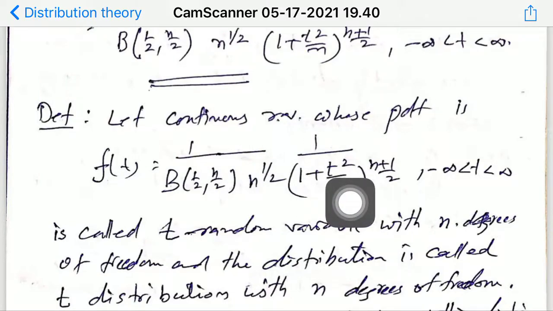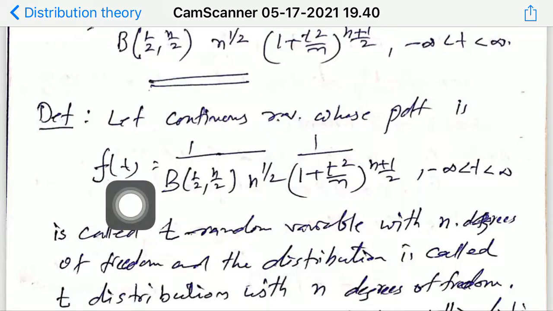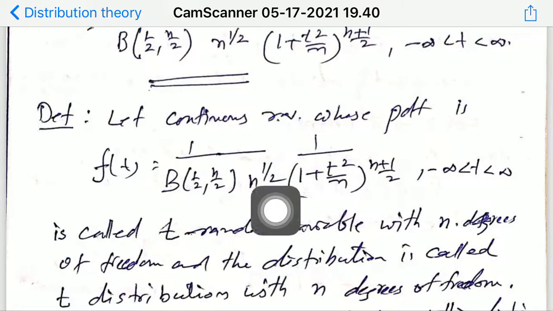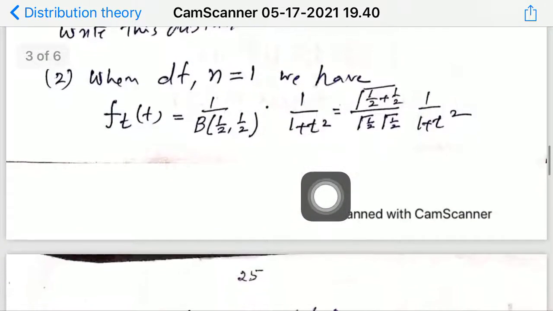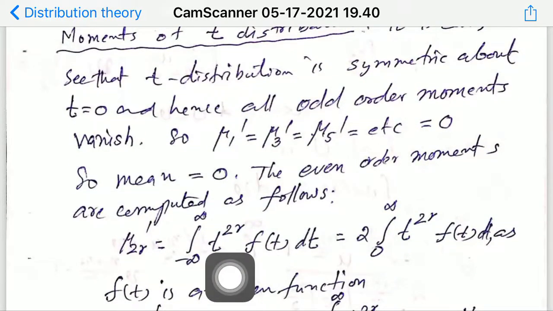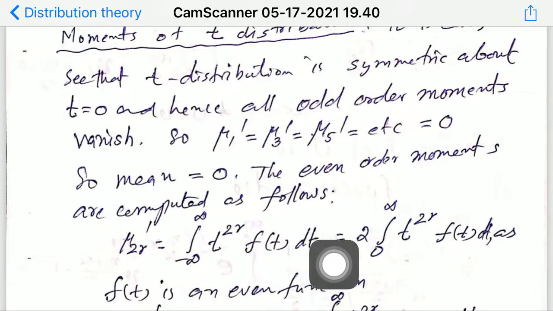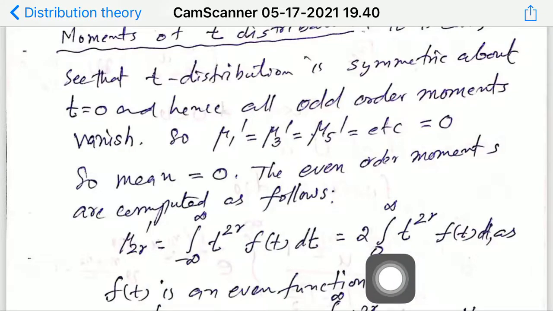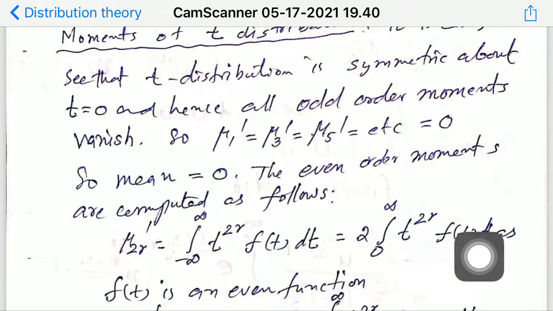What is an even function? G of x is even if g of minus x equal to g of x. Here f of t and f of minus t are same, therefore it is an even function. And similarly t to the power of 2r is also an even function, so their product is an even function. And integration of an even function in the range minus infinity to infinity is nothing but 2 times 0 to infinity of this.